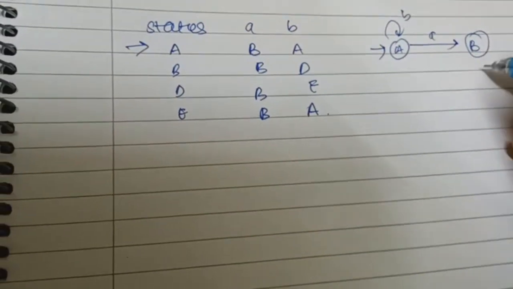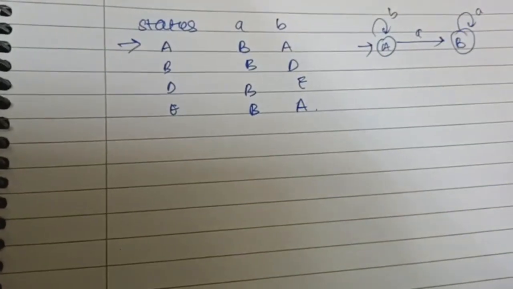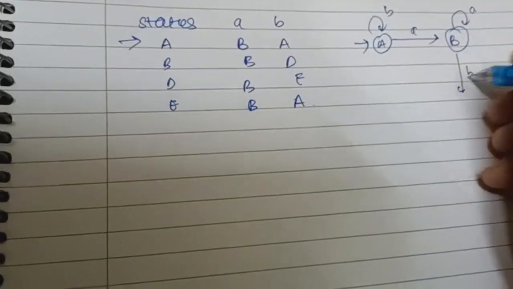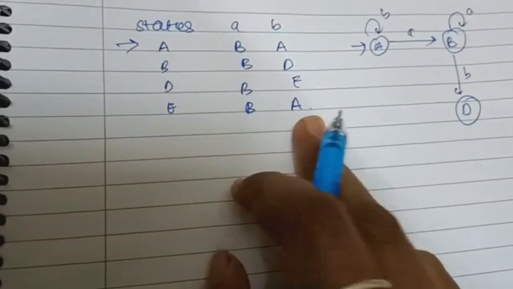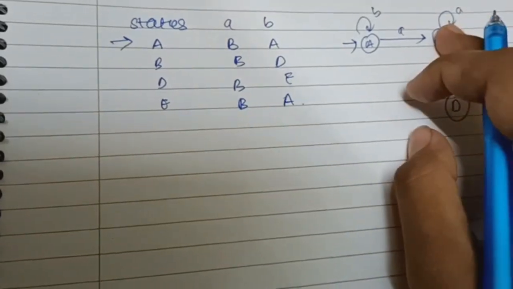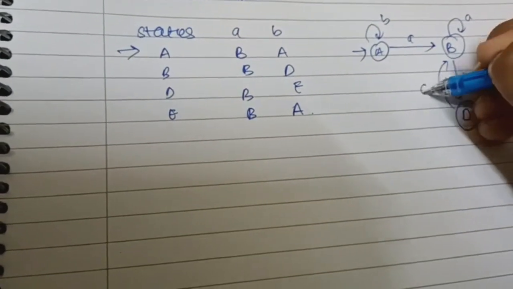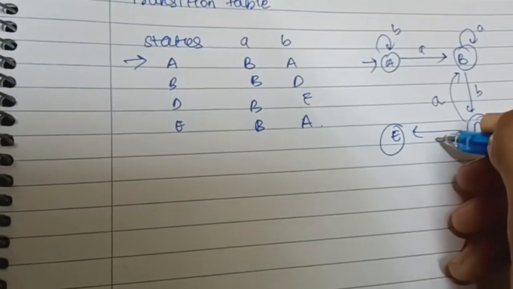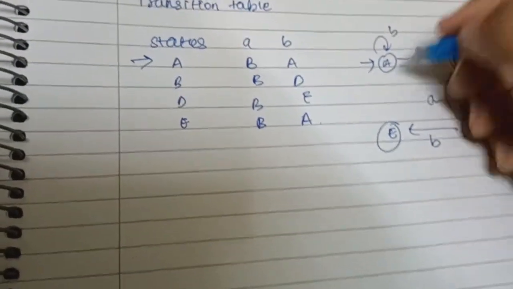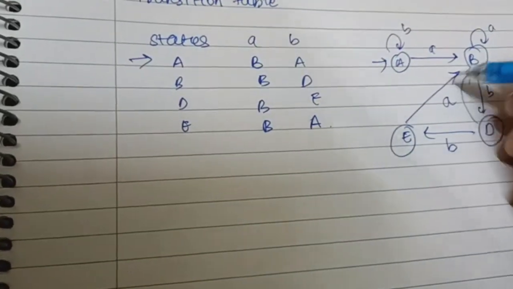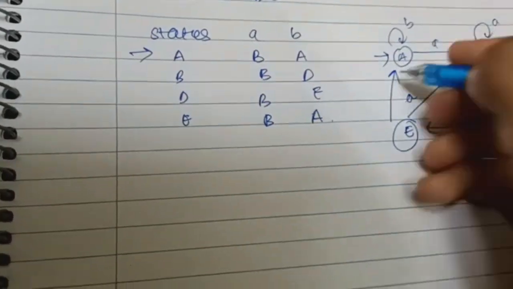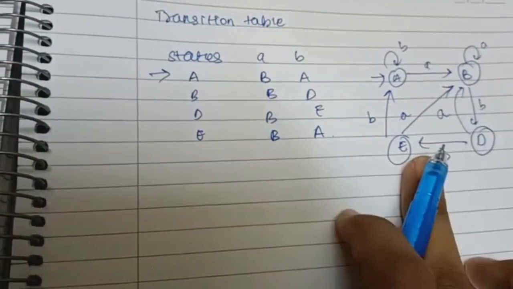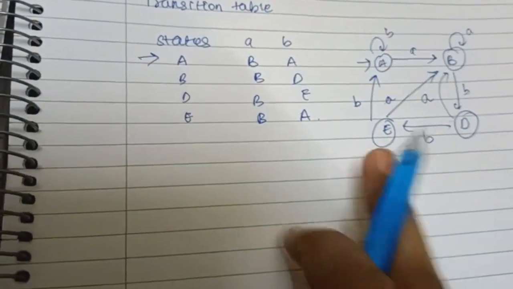Similarly from B I can transit to B itself with input A, and from B I can transit to D with input B. Similarly from D I can transit to B when I have input symbol A, and from D I can transit to E when I have input symbol B, and from E I can transit to B when I have input symbol A and transit to A when I have input symbol B. So this is my minimized DFA, and I have only 4 states.